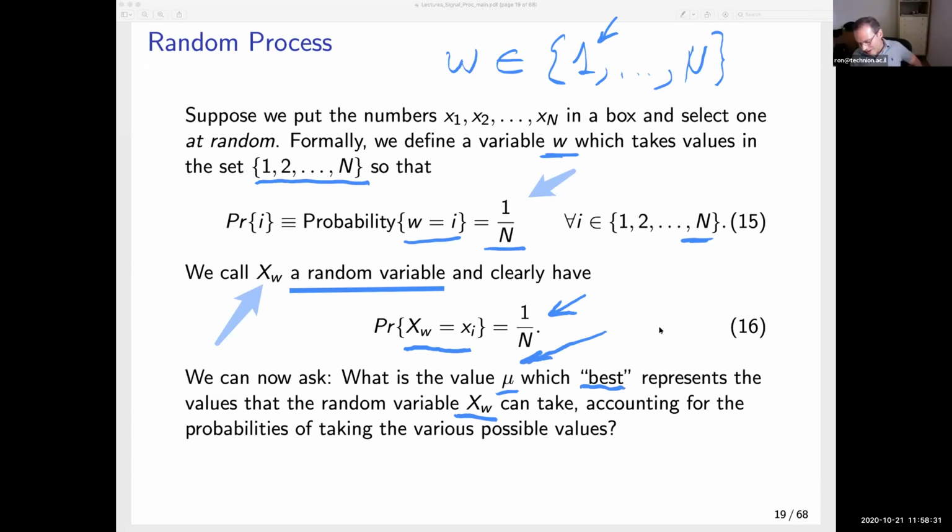So this would be the expectancy. In Hebrew we'll call it the estimator. X of W would be the expectancy, of course, if we define it properly. It takes all the probabilities of taking the various possible values. So what would be the best representative for the variable X of W?